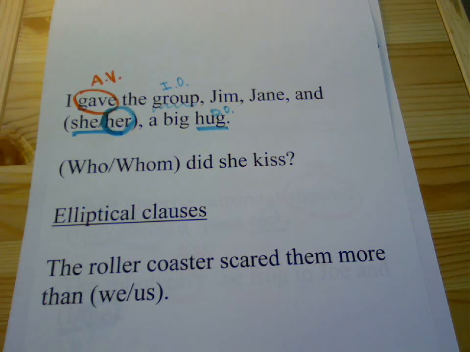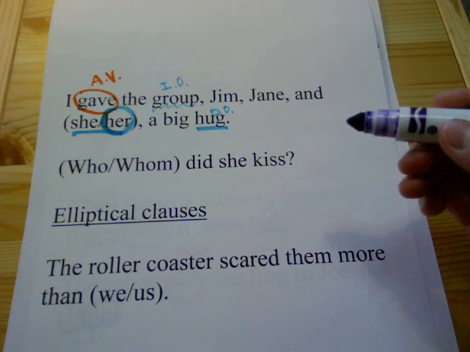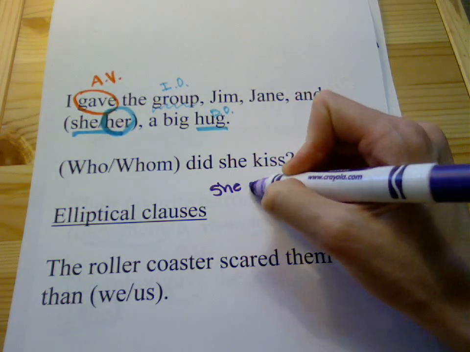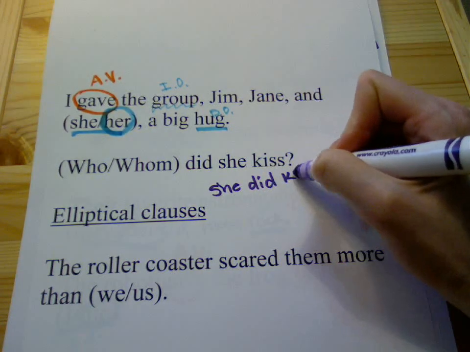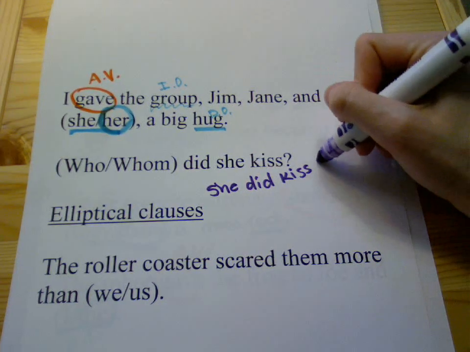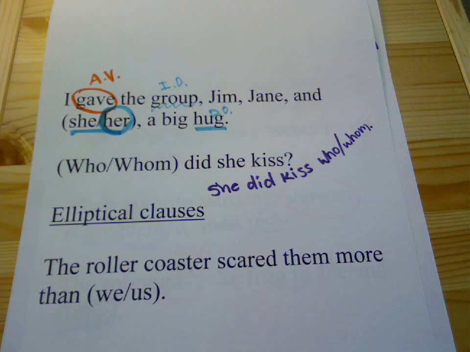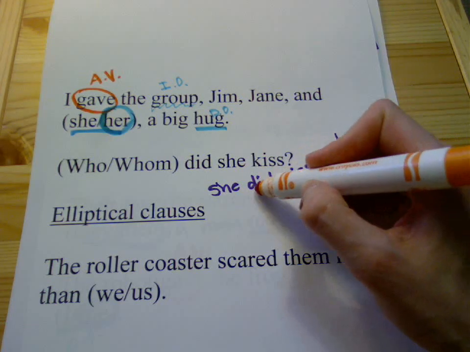Now we're going to look at our who and whom. Whom or who did she kiss? Now, with questions like this, you want to maybe reword them into sentences that are not questions. She did kiss who or whom? Okay, so we reworded it into a sentence that's easier for us to track in terms of noun function.